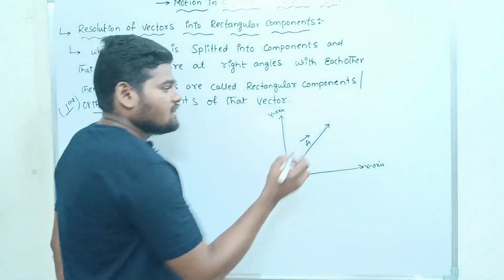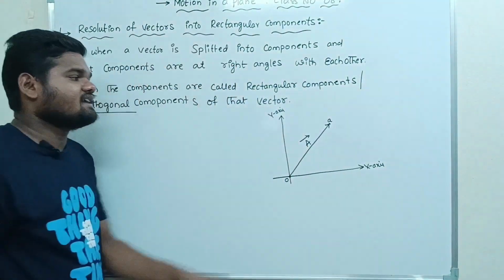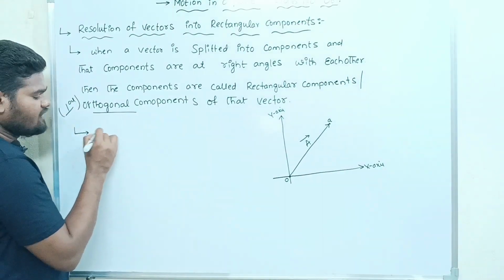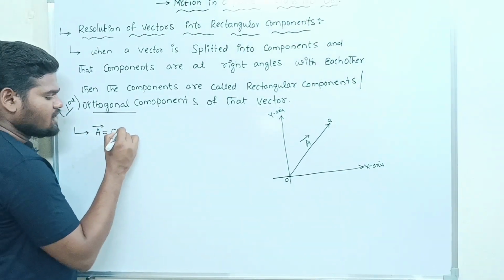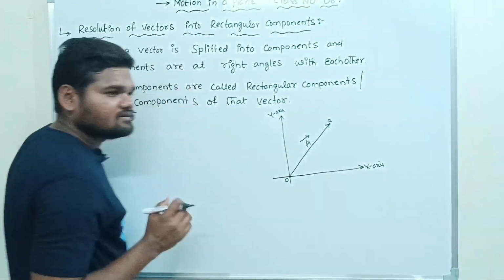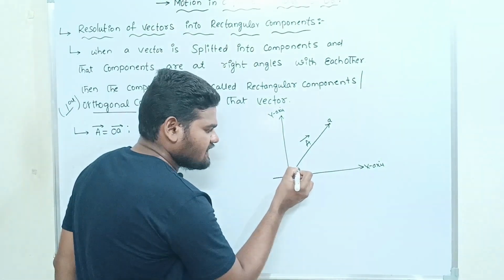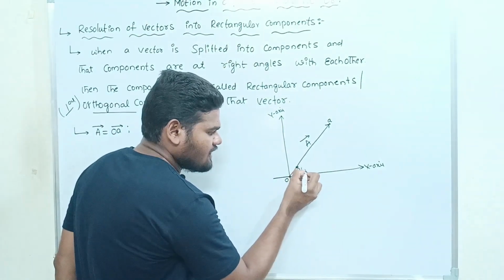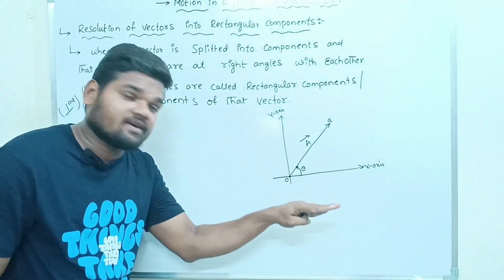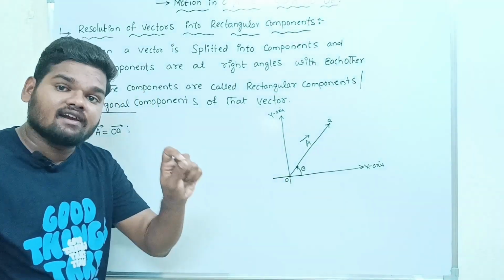Let's consider this point as A. So the a bar vector is nothing but OA bar. I'm considering this a bar vector to be at an angle theta from the positive x-axis.